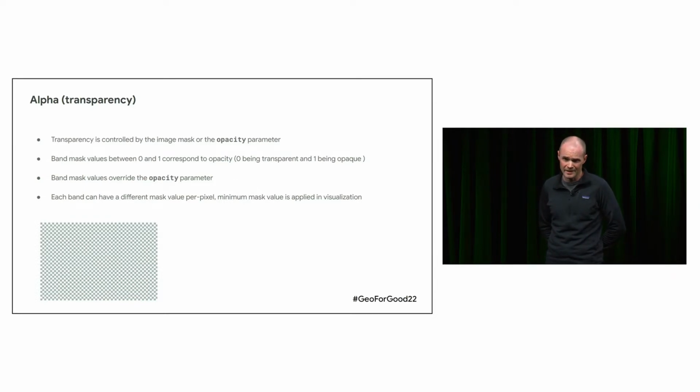That would be some gradient of transparency. And band mask values override the opacity parameter. So if you are using the opacity parameter and you're like, this isn't working, it's probably because you have some opacity in your masks. And each band can have a different mask value per band, and it's just also important to note here that if there's confusion, the minimum mask value is applied in visualization.